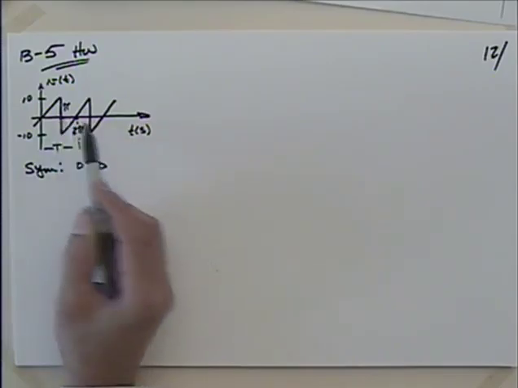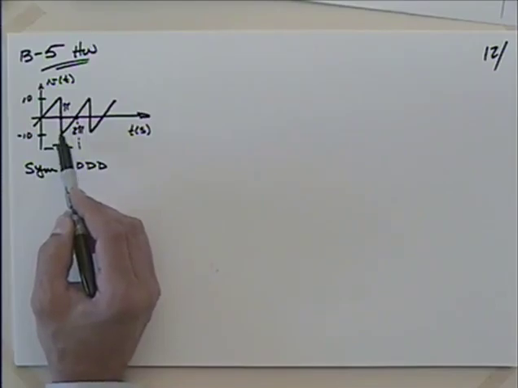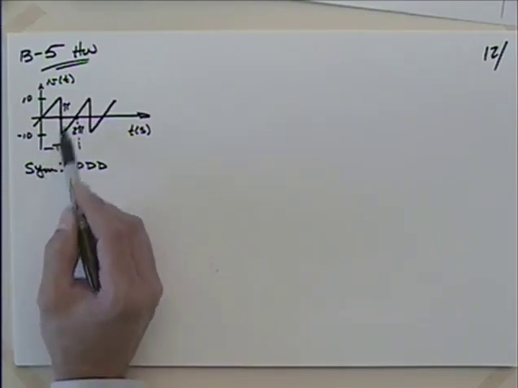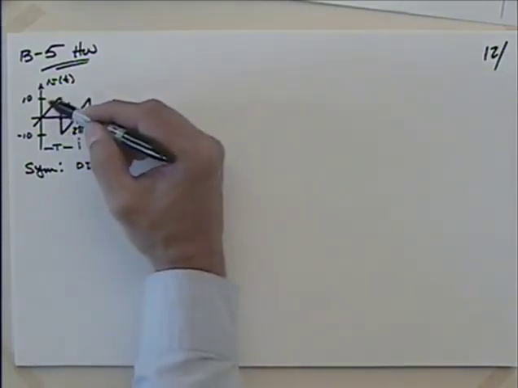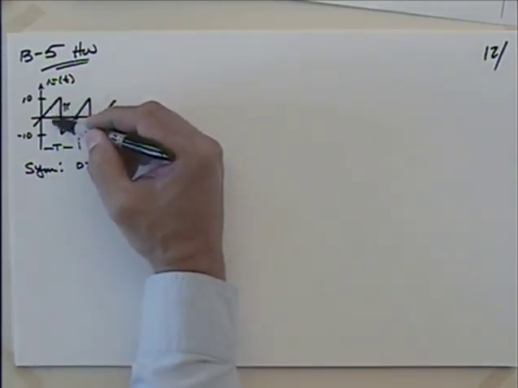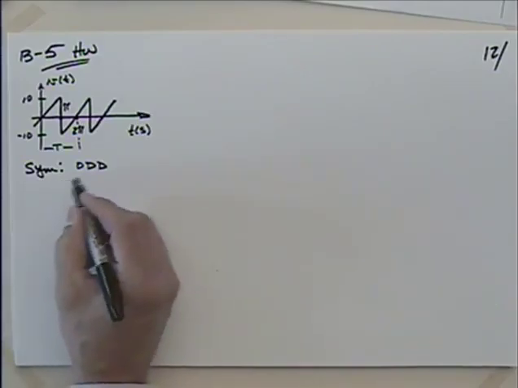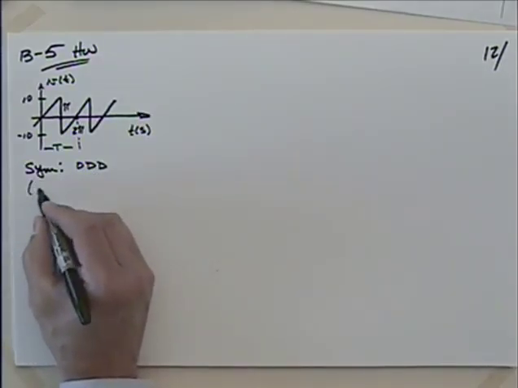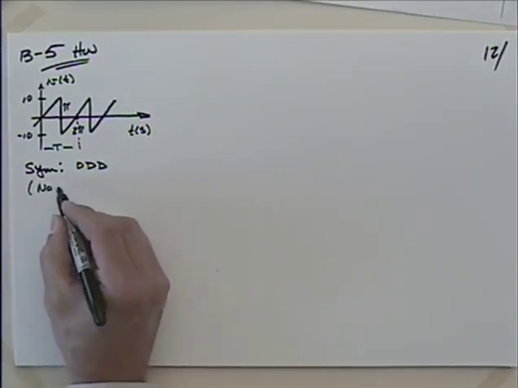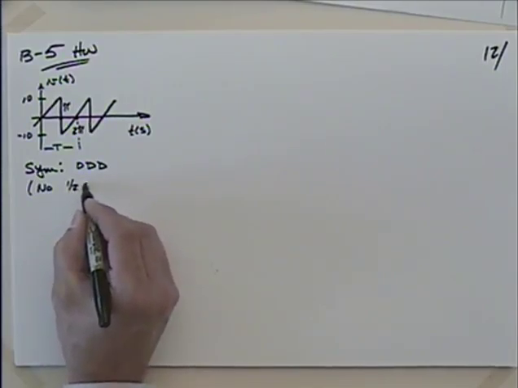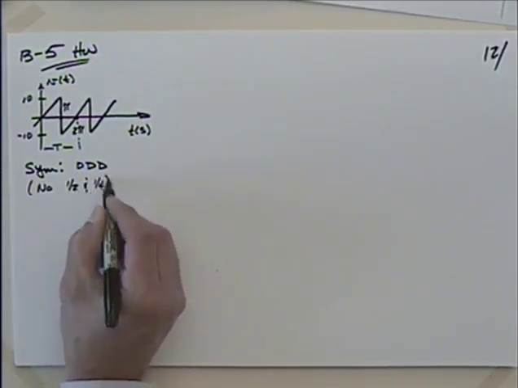No. If you flip it around the half-wave, it doesn't land on itself. How about quarter wave? Flip it around the quarter point, does it land on itself? No. So I would say odd for sure. Be a little more complete here: no half, and no quarter.